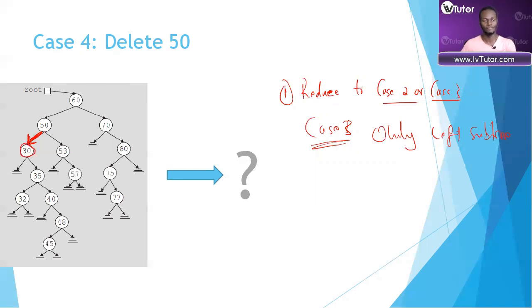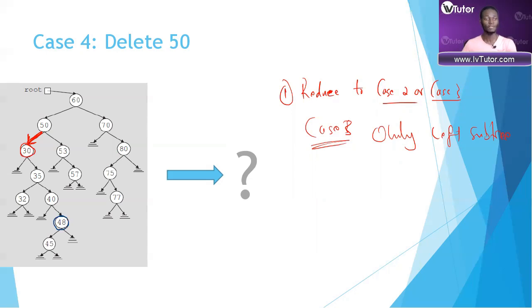So I go to 30, then I find the rightmost node. So from the node you want to delete, go left. Once you go left, find the rightmost node. In this case, that node is going to be 48. This is the rightmost node.